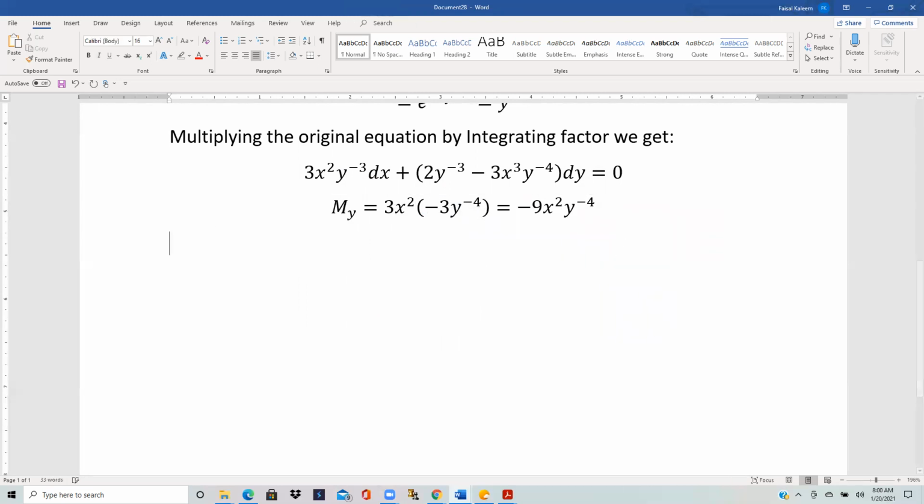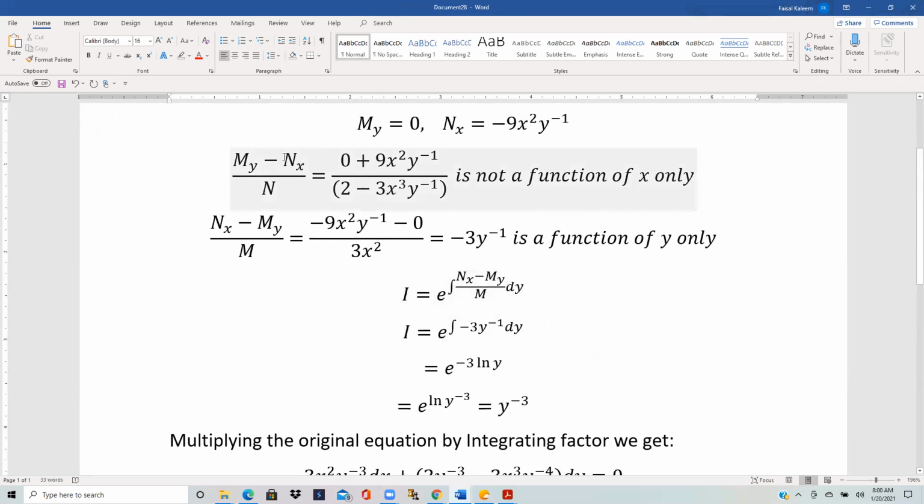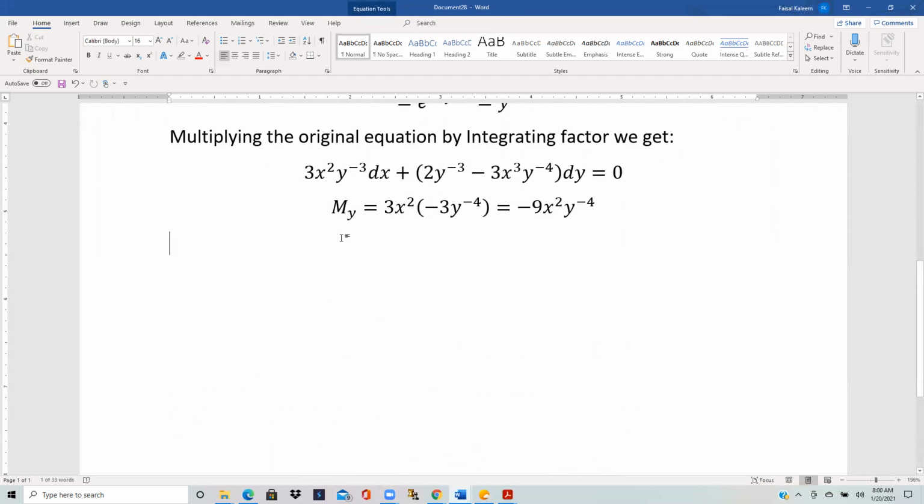And then when we try to find the nx, this is our new n. So when you find the nx, the derivative of this one with respect to x is 0. And here we have a negative outside.